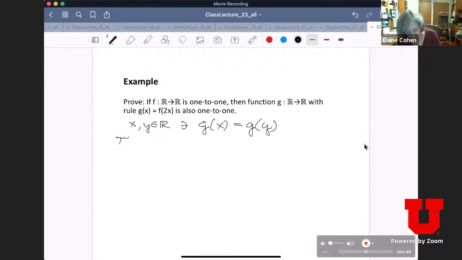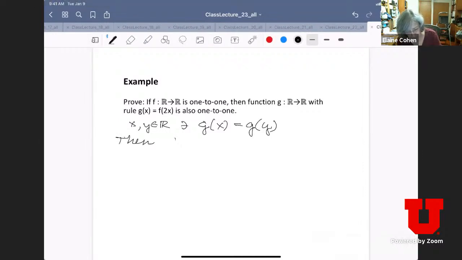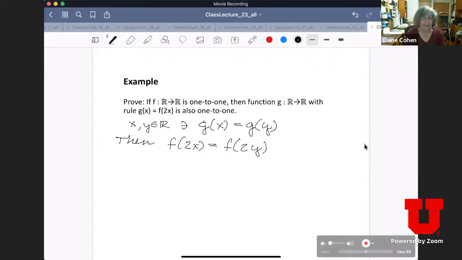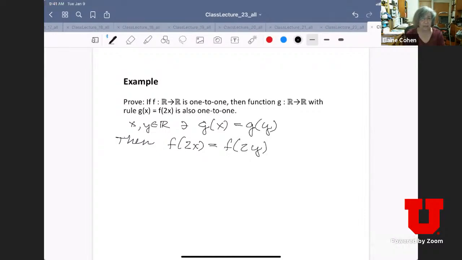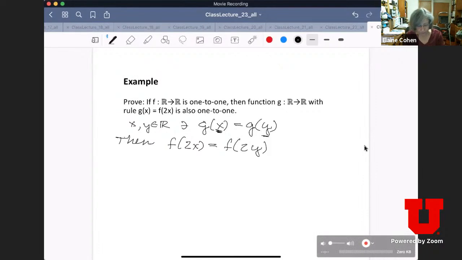Now what do we know? f of 2x equals f of 2y. Why do we know that? Well, that's just the definition of g. Whatever is the argument, we plug in. Now what do we know?